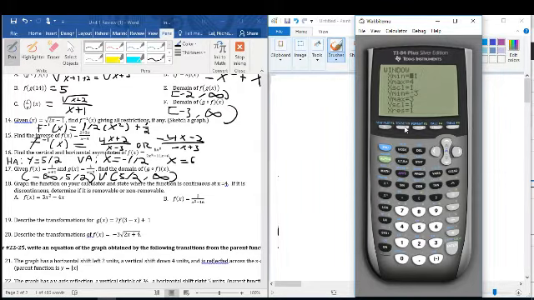Let's increase that window for our y max. Let's do negative 10 and 16. You constantly adjust your windows.